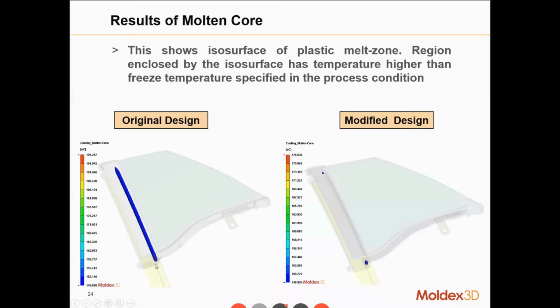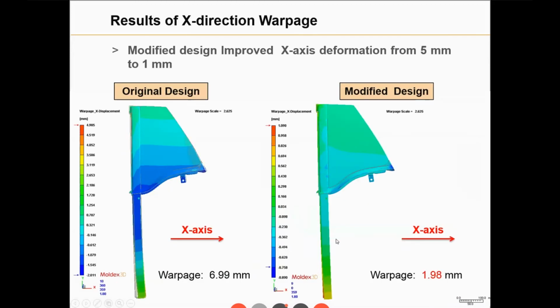As for the molten core at the end of cooling, in the original design this region still has some molten PVC, but in the modified design it has almost solidified. So with the ABS insert, we can see a great improvement in the molten core.